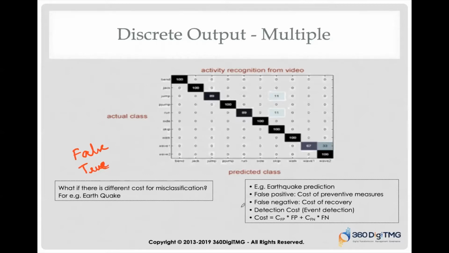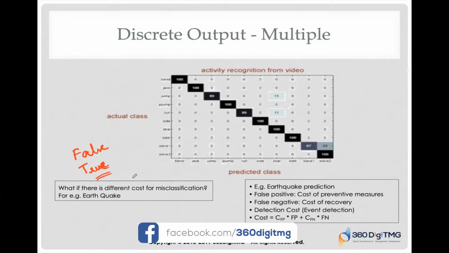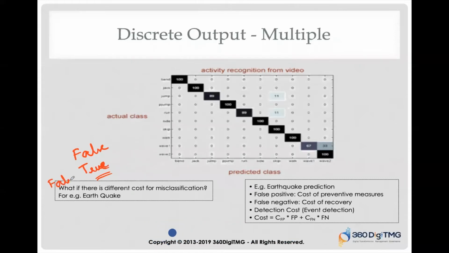Basically, there is no cost associated with correct classification per se, but if the reality was false and you have classified it as true, then there will be some cost associated with it. If the reality is true and you have classified it as false, then there will also be some cost associated with it.